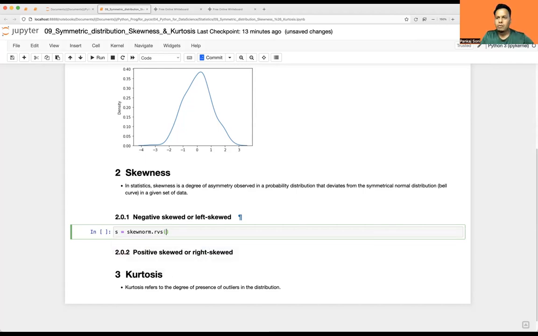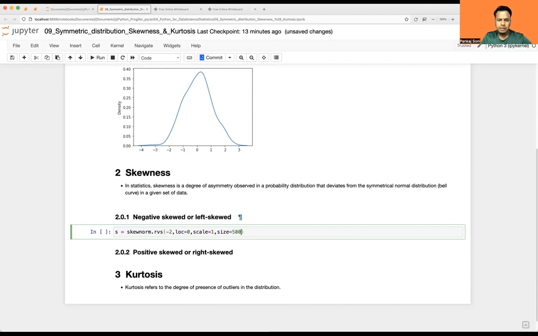One argument is the skewness you want. Since we are going to give negative skew, I'll just give -2. Here loc is nothing but your location. I'm going to give location as 0, and scale, let's say, 1. And what is the size?